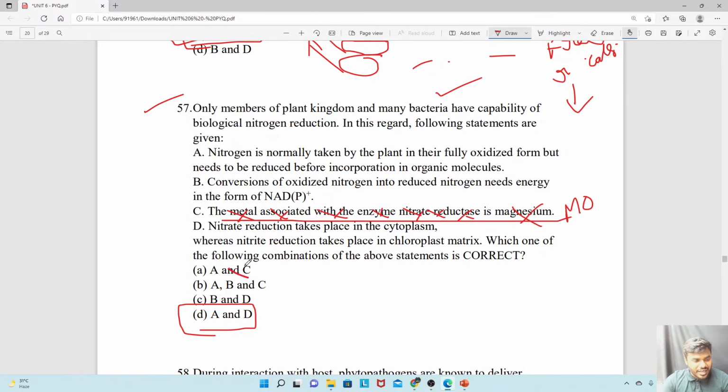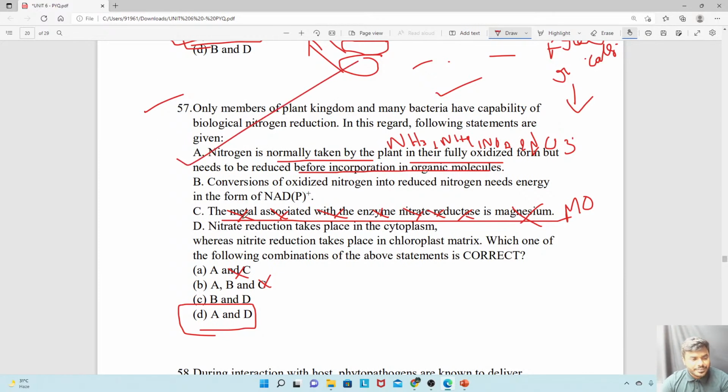Hence, you can eliminate option A, you can eliminate option B. Now look at option A. Nitrogen is normally taken by the plant in its fully oxidized form, but needs to be reduced before incorporation into inorganic form. What is that reduced form? Reduced forms are NH3, NH4, NO2 and NO3. When we reduce the nitrogen, then only can we take it, otherwise we can't.